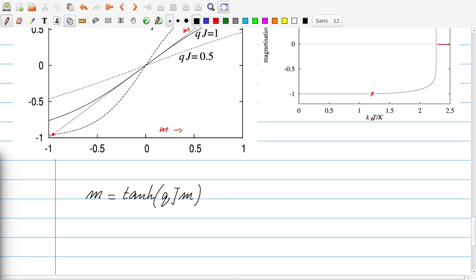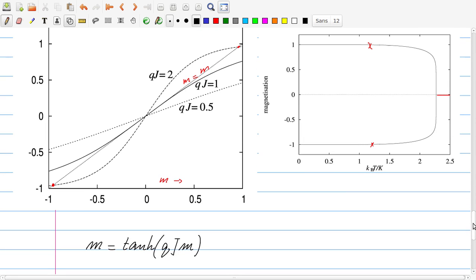Now we can use the self-consistency equation to find the critical exponent beta. Remember that the critical exponent beta gave you the shape of this curve.